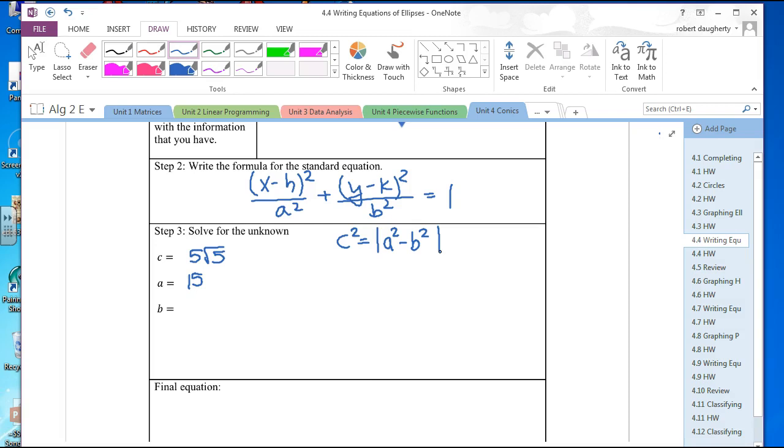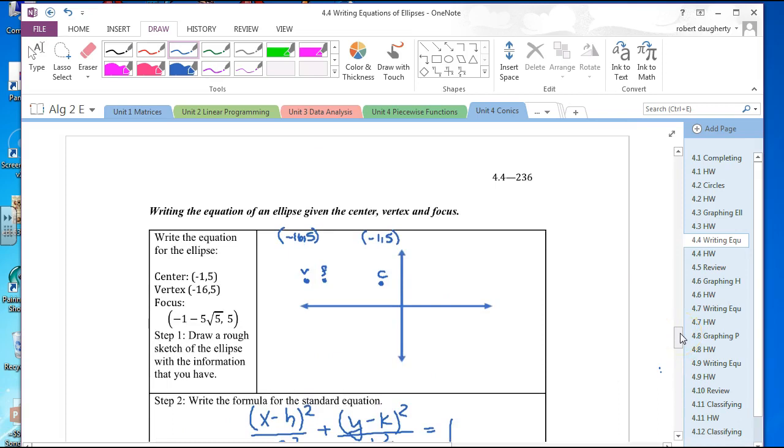Do I know if this is positive or negative? Let's go back and look. Yeah, this is a horizontal ellipse, which means what? What does it mean about A and B? A is greater than B, okay?